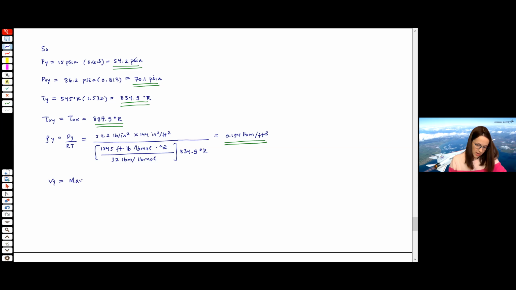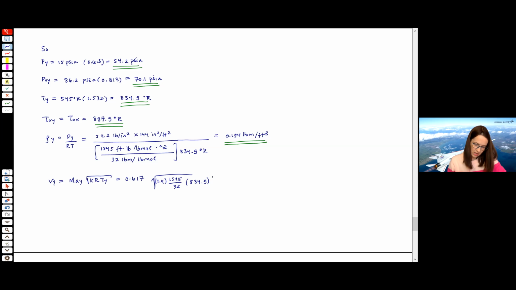So we've got our downstream Mach number, and then we know that the speed of sound C is just the square root of K R T sub Y. So we've got 0.617 times the square root of 1.4, that's our K, times R. So again, we're doing that 1545 over 32 thing that we just did, times T sub Y, which is 834.9.